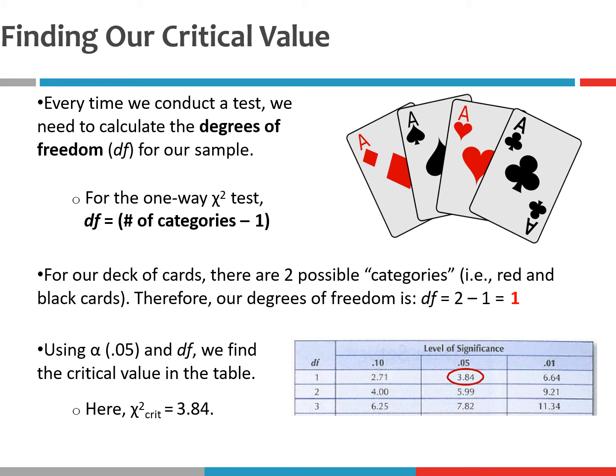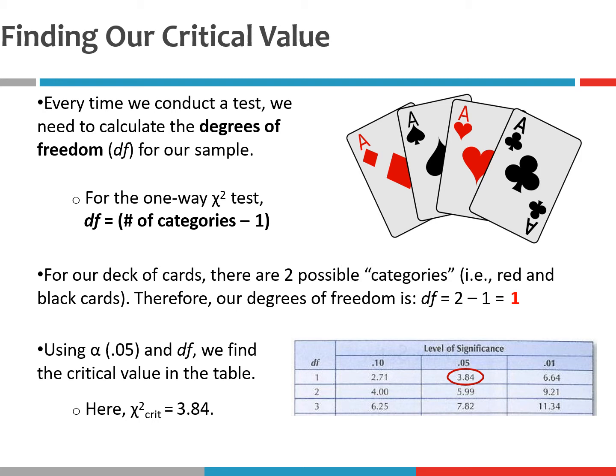If you need to review that, I would encourage you to go back to last week's videos and run through my hats example. So for the one-way chi-square test, the degrees of freedom is equal to the number of categories, or the number of levels of our categorical variable, minus 1.